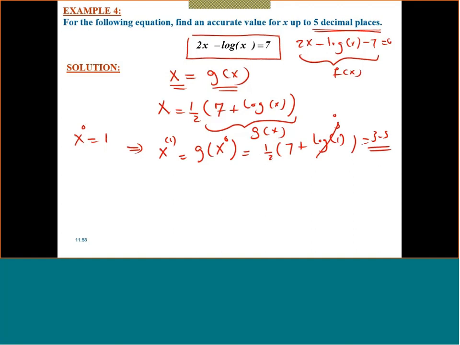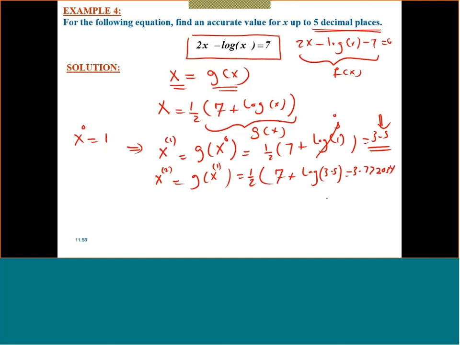Now I will go to x2 equal to g of x1, which is this one. So we'll take this one and substitute here. So it becomes 1/2 of 7 plus log of 3.5, and this is equal to 3.772034.